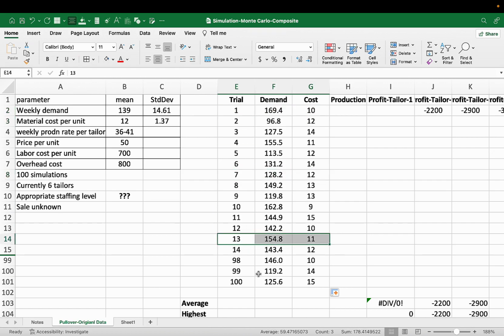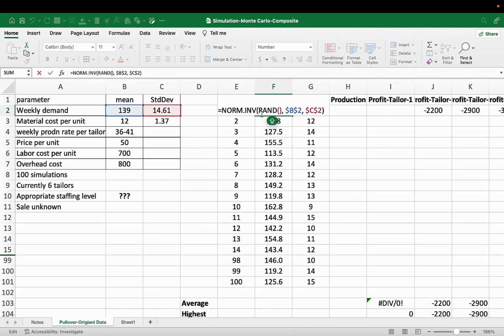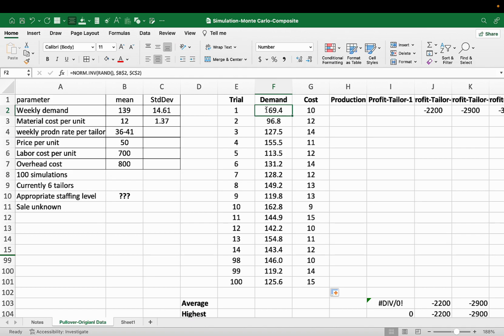In total we have 100 experiments, and in each experiment we are using a different value of probability. That comes from this rand function, and that's why we call it an experiment. You can also see that, although some of the values can be the same, in general all of them tend to be different.